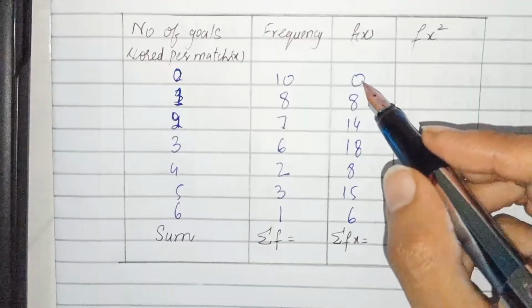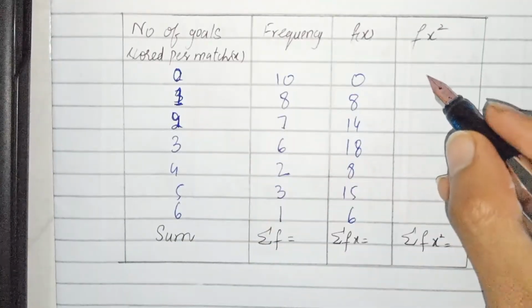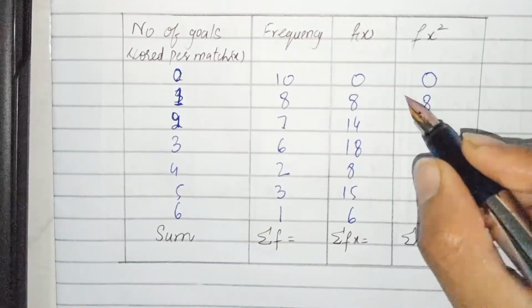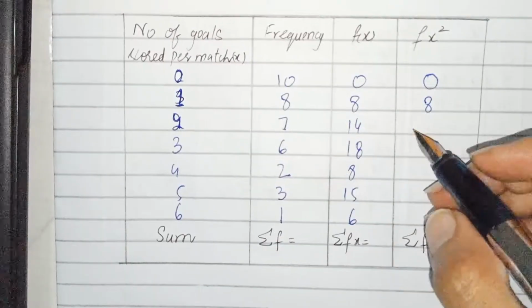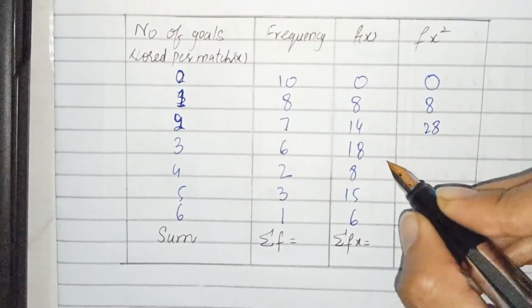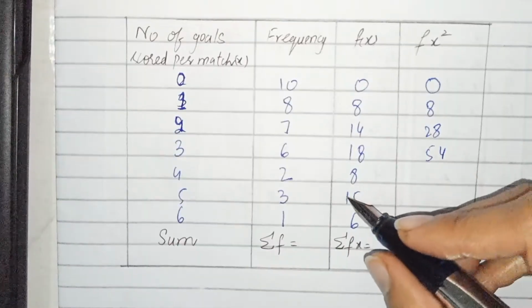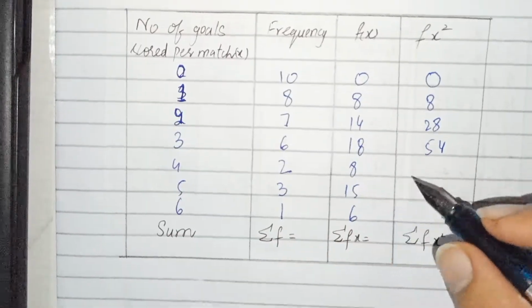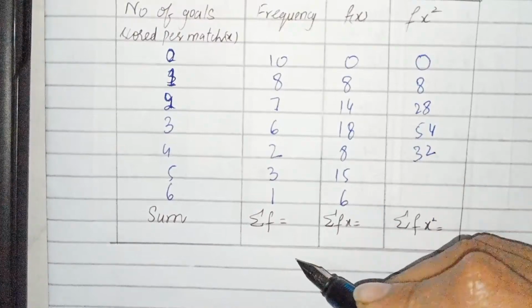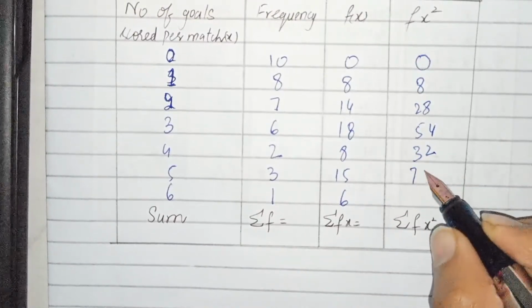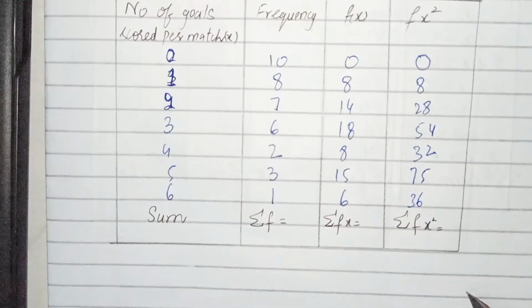Now we have to multiply the fx with x again. We get 0, 8 (1 times 8), 14 2 times 28, 18 3 times 54, and 8 4 times 32, 15 5 times 75, and 6 6 times 36.